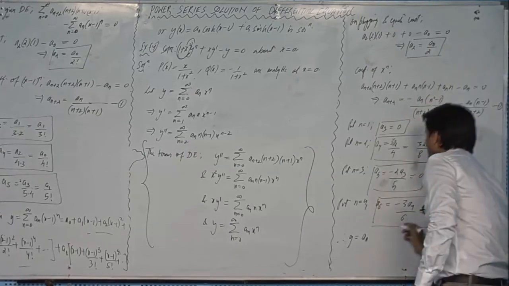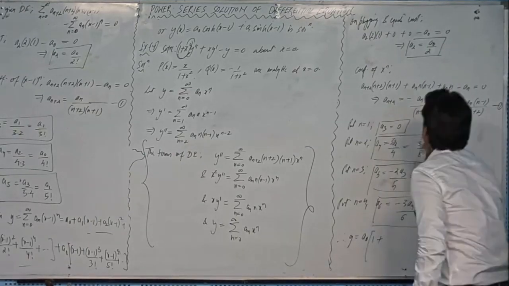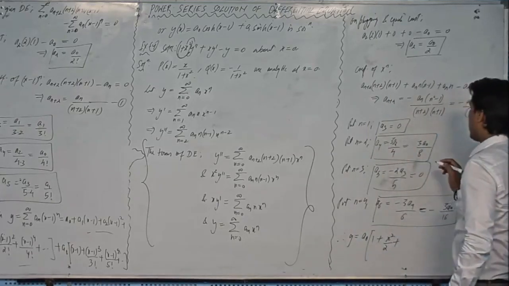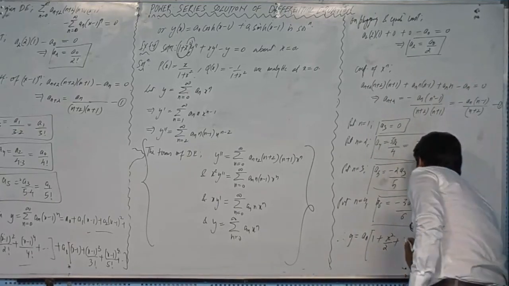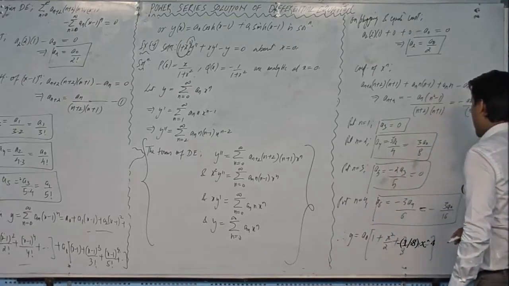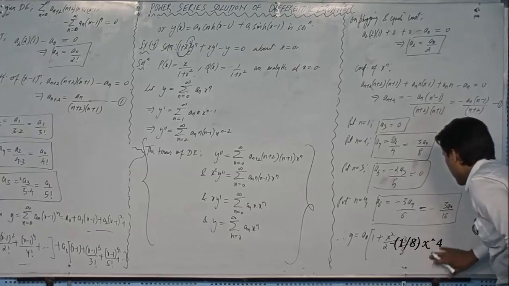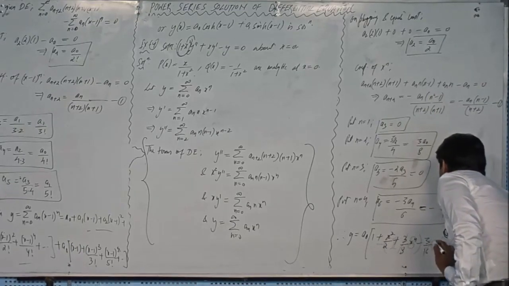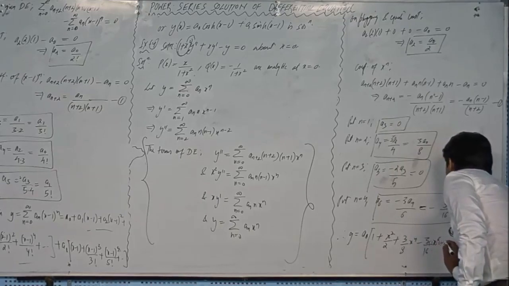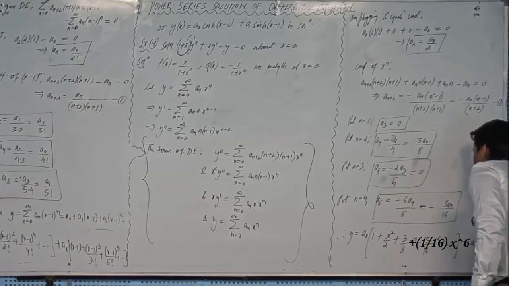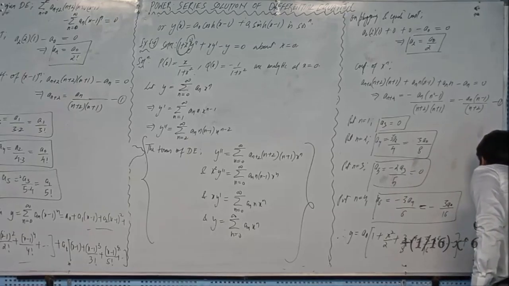A naught times 1 plus x square by 2 plus 3 by 8 x to the power 4 and so on, and only one more term is there, minus 3 by 16 x to the power 6 and so on, and plus a1 x. This is the solution, right?